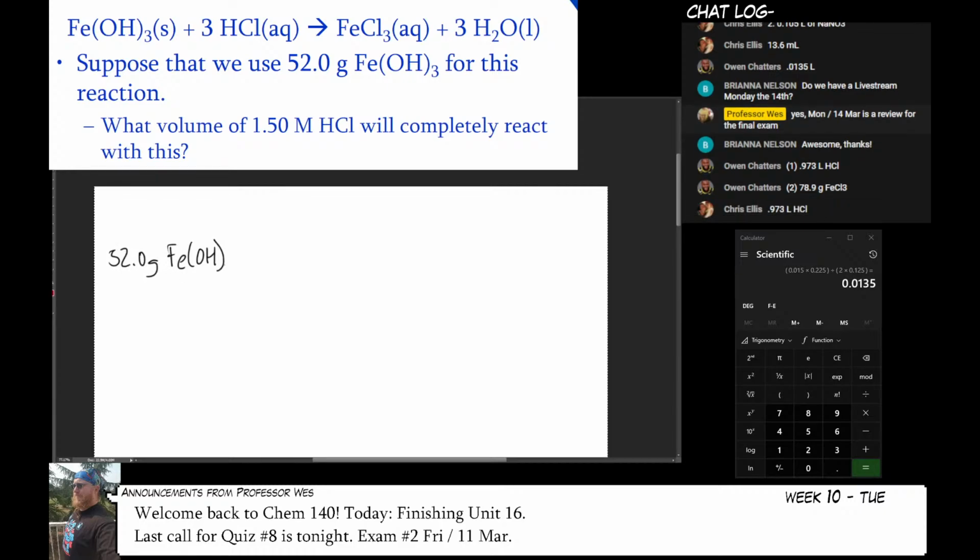Iron 3 hydroxide specifically. So we can turn that into moles pretty easily. And then we want to figure out how much HCl will react with that. So we'll go moles HCl and then volume HCl.